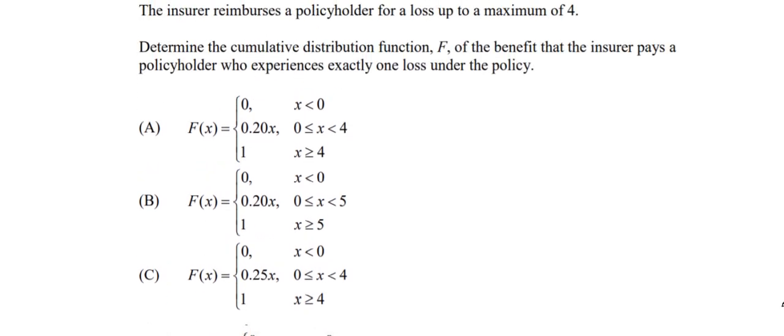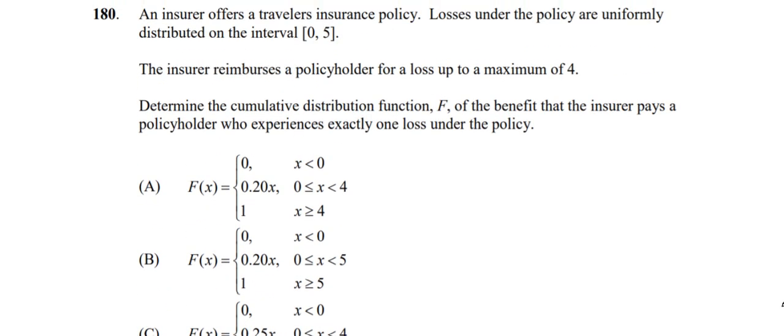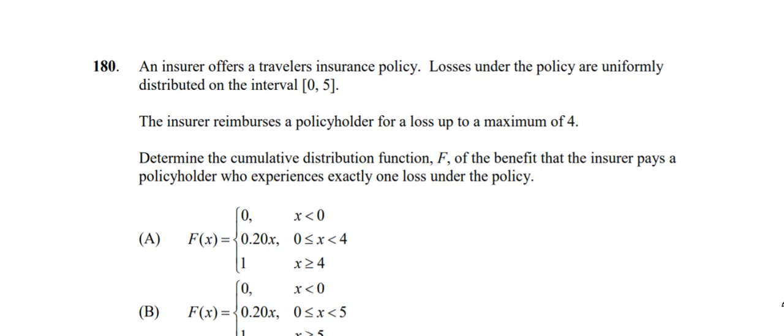Okay, so for this problem, we just want to find the cumulative distribution function F. Here the loss has a uniform distribution, so we put this as x from 0 to 5, right?